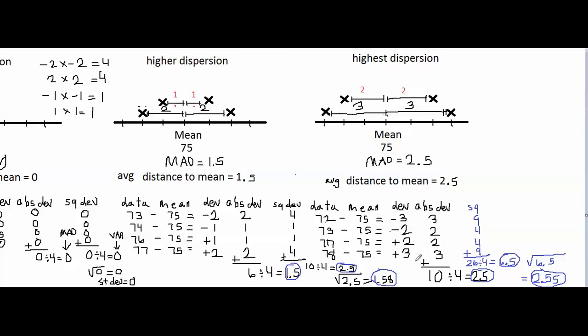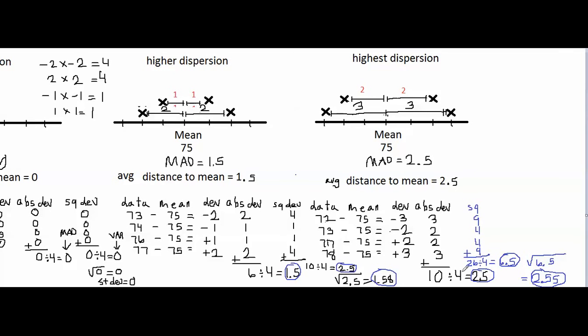The point that I'm making is that all three values go up when the spread goes up. When you go from this data set to this data set, the MAD, variance, and standard deviation are going up. All three of them are going up because here with this data set they were 1.5, 2.5, and 1.58.